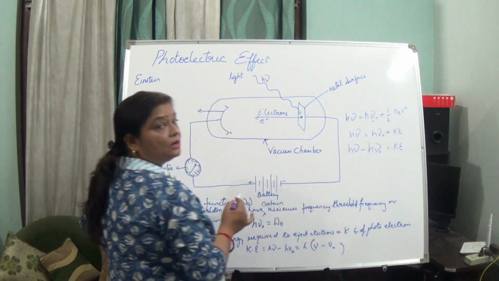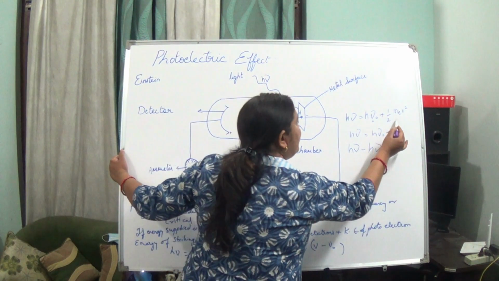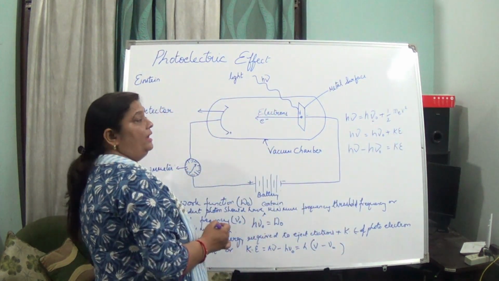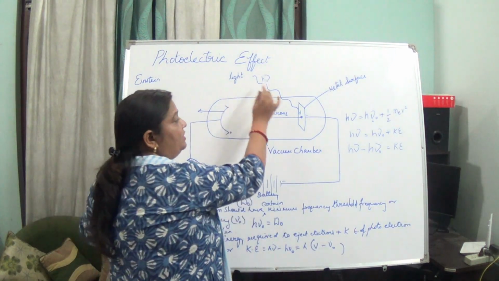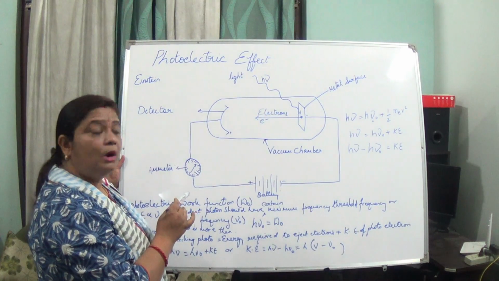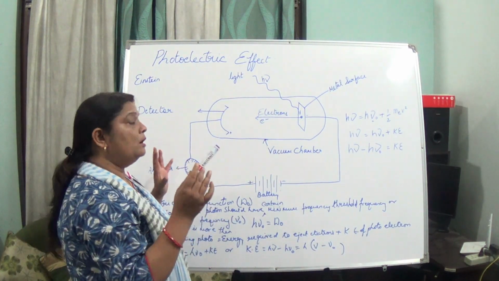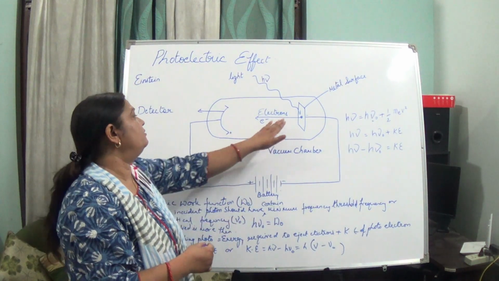Here m e stands for the mass of the electron. This is the extra energy we provide for the movement of the electrons, because when we provide only the threshold frequency, the electrons will be ejected but will not move faster. The more the energy, the faster it will move.